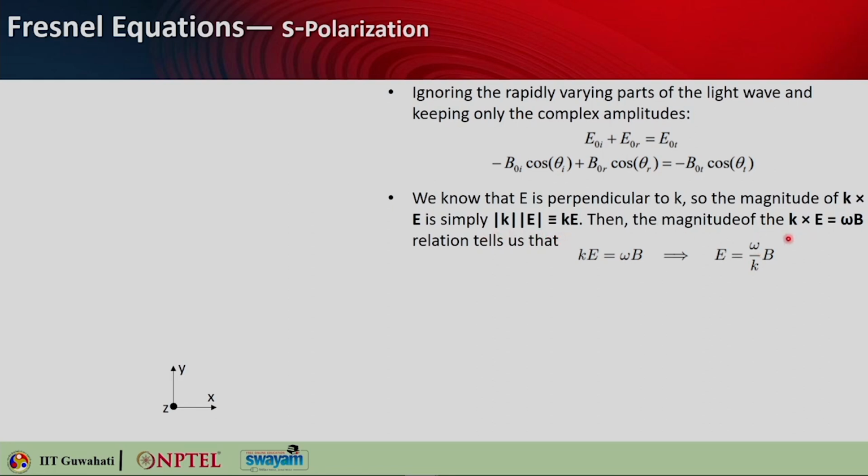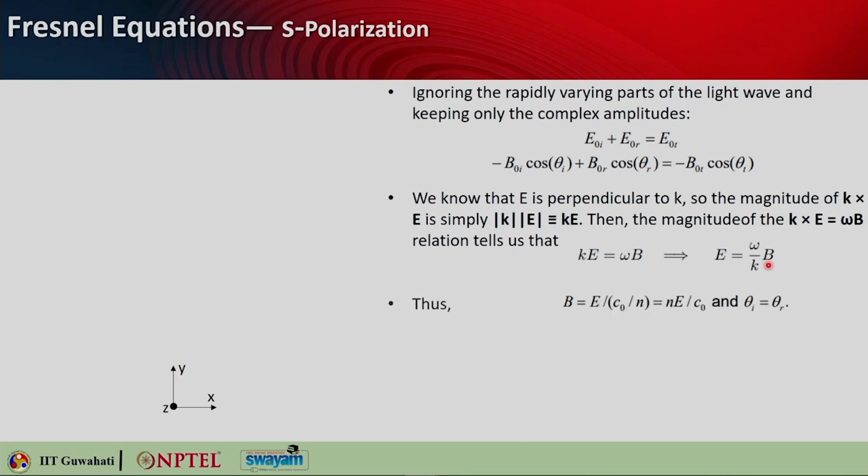The other thing would be that this vector K cross E can also be written as omega B. So this is the relation we know, that KE equals omega B, and you can write E equals omega by K times B. So this is how electric field and magnetic field are related.